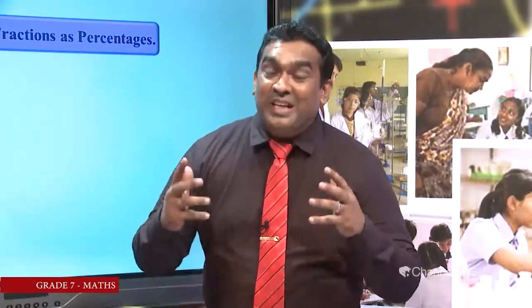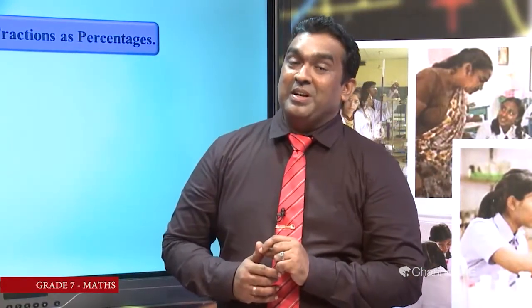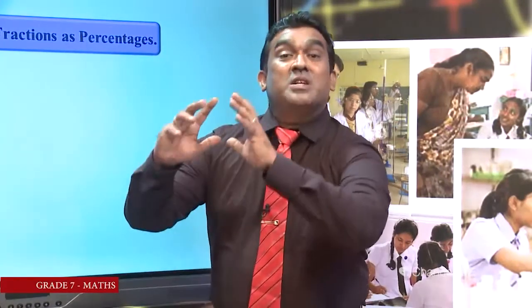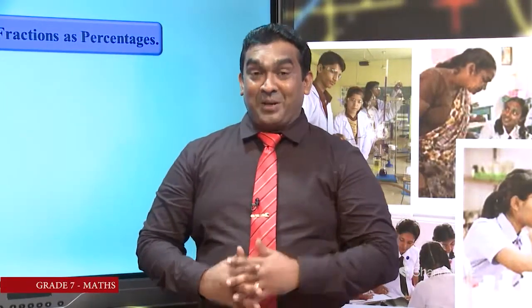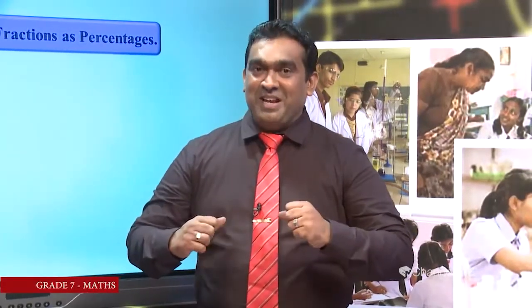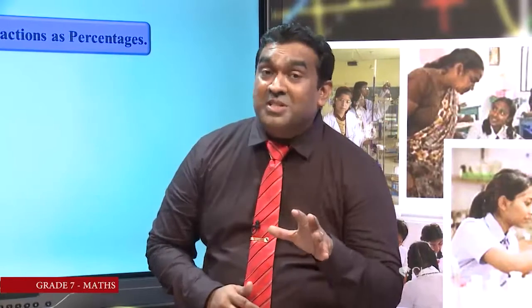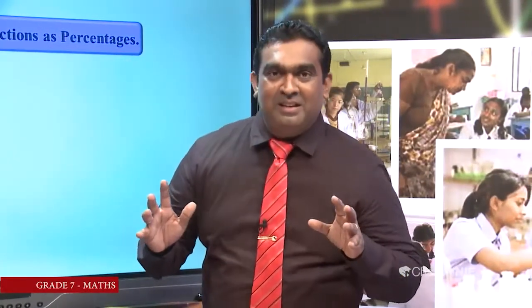Reason is 3 is not a factor of 100, or otherwise 100 is not a multiple of 3. Can you understand? Right? Very important concept. There are some conditions. You can't convert all the numbers into 100. Conditions are applied.